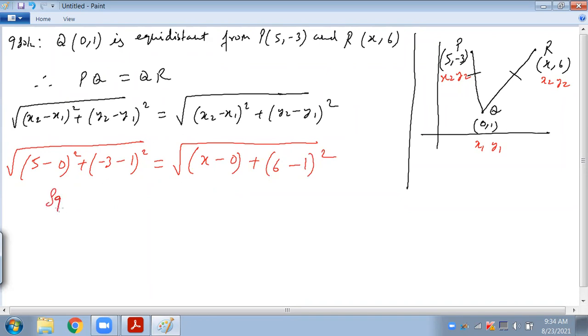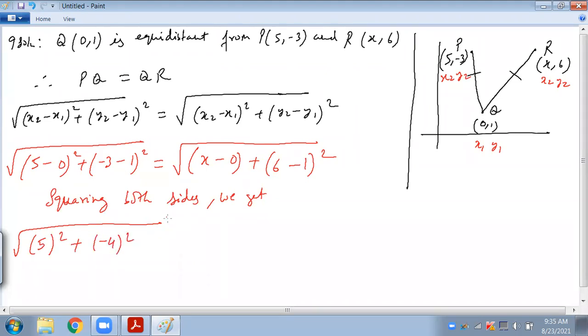We'll square both sides. Now we square it, and at the same time we can solve inside the bracket. Minus 3 minus 1 is minus 4, and square it. Again, the right side also, solve it and then square it.